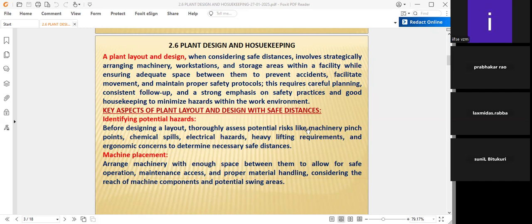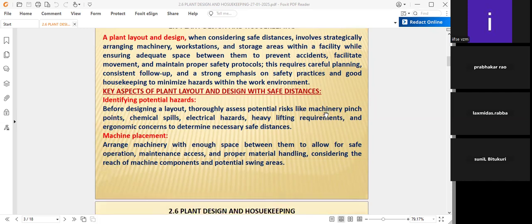Already we discussed pinch points, where two movable running machines are there, for example a sugarcane juice machine. Both rollers are moving, and in between the sugarcane is going. That is called a pinch point, where the risk is more. That will be taken into consideration during designing the layout.